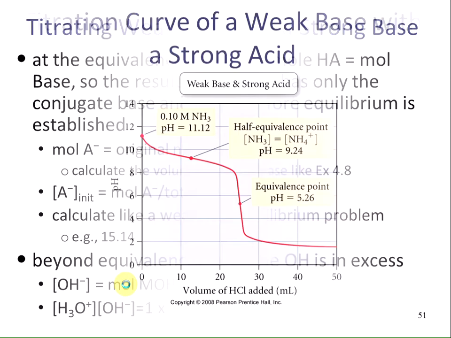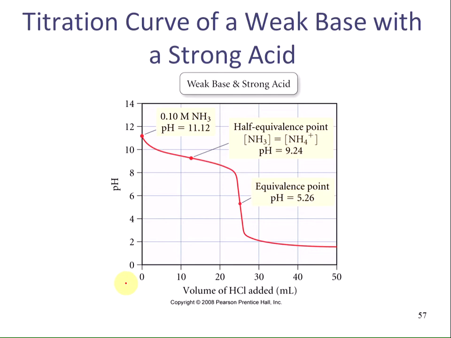Now we can also titrate a weak base with a strong acid, and the titration curves look very similar to the weak acid and strong base, except this time the pH is decreasing. So in this titration curve, we've got a volume of HCl being added on the x-axis, and on the y-axis we have pH.